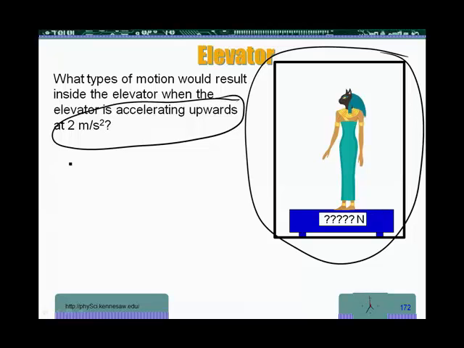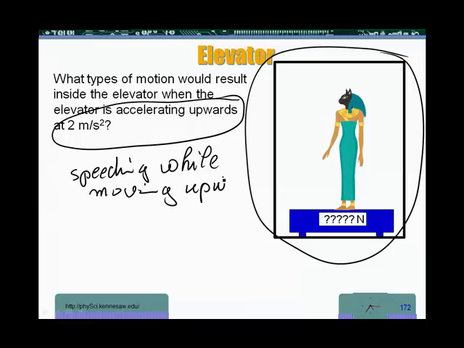It can be that the elevator is speeding up while moving upwards. If it is speeding up while moving upwards, velocity is up, acceleration, same direction up. That's what we have learned before. For something that's speeding up, acceleration and velocity are in the same direction.